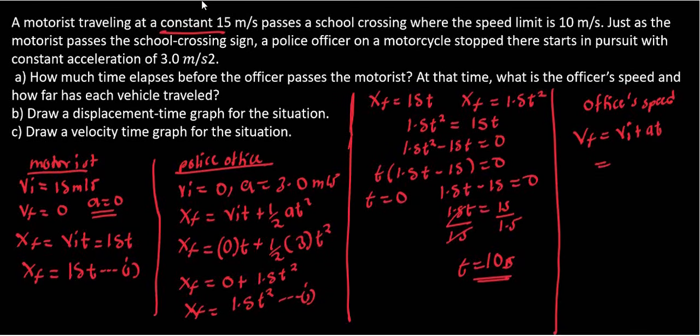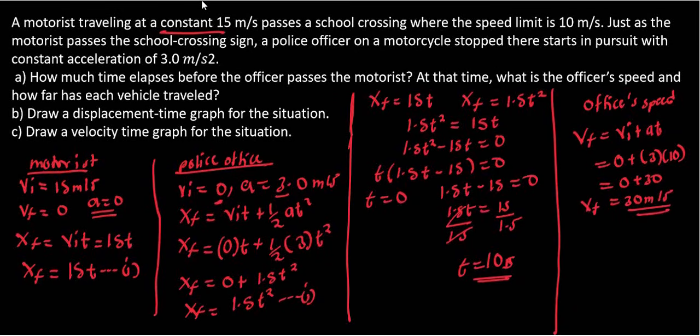What was the initial velocity of the police? It's 0. They were moving at what acceleration? 3. At what time? 10. So it will be 0 plus 30. So the answer is 30 meters per second.